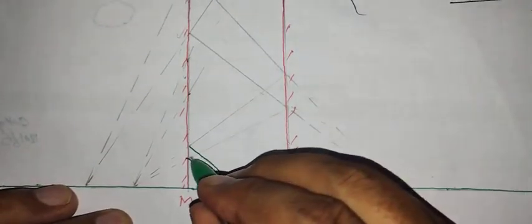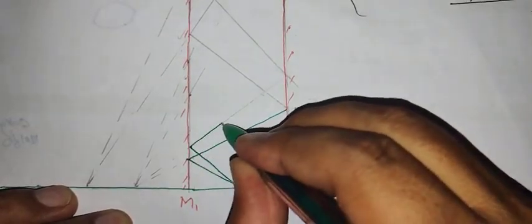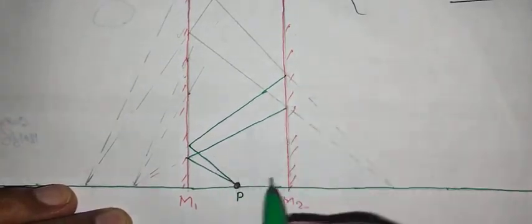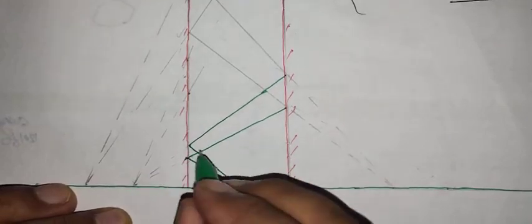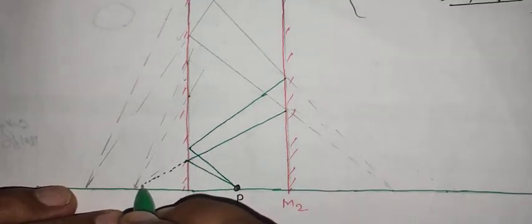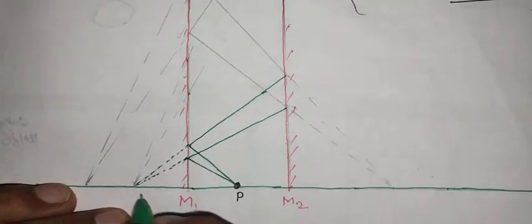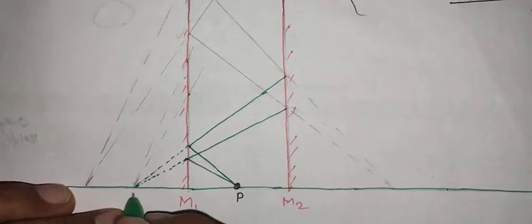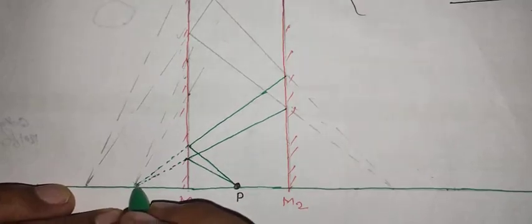After reflecting from mirror M1, they will strike here at 2 points. When we proceed back, this image P1 will be formed here of the point object.